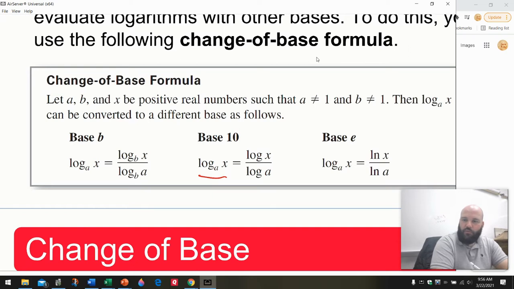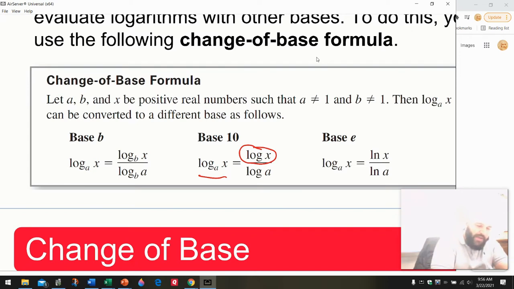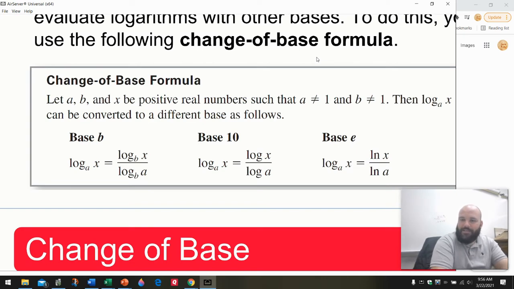And what you can do to evaluate that is you take log of x and then you divide it by log of a, the base. The natural log is just log base e, so it applies to this as well. You can take log base a of x, and you can say natural log of x divided by natural log of a, and that is also true.